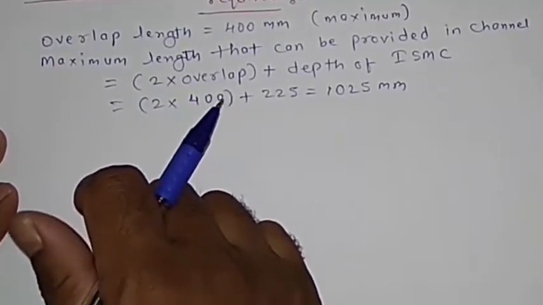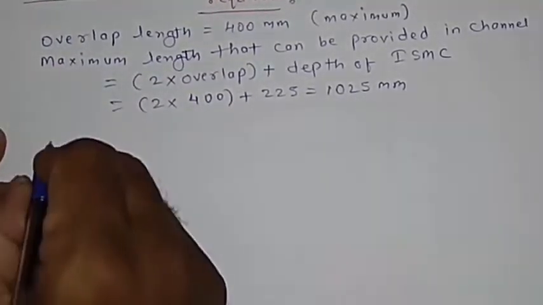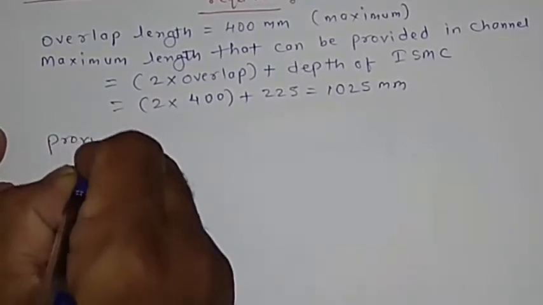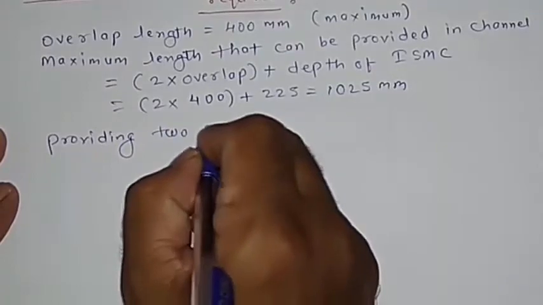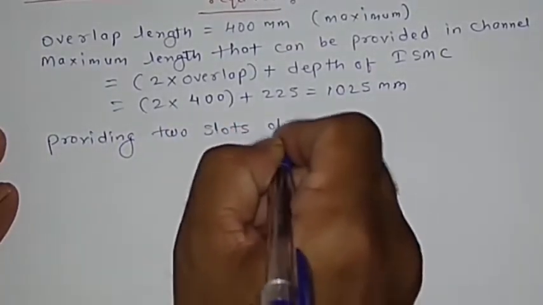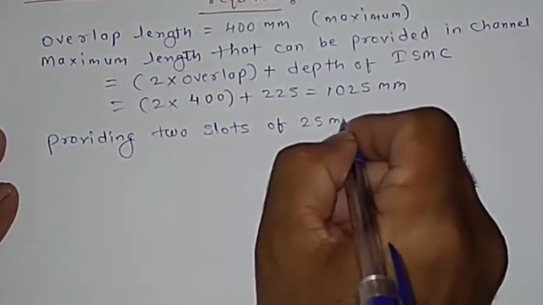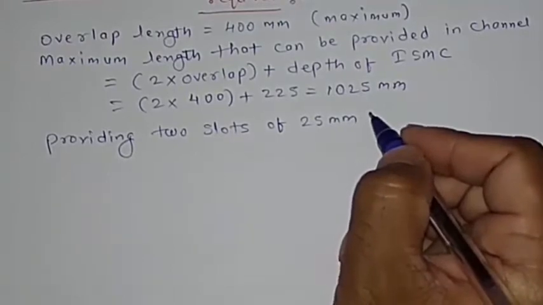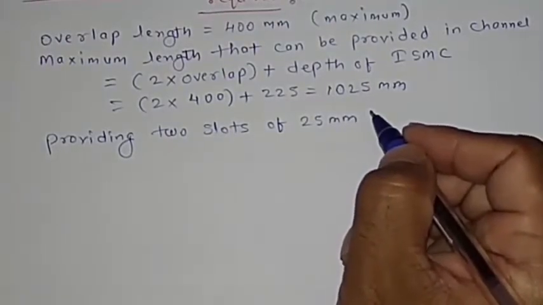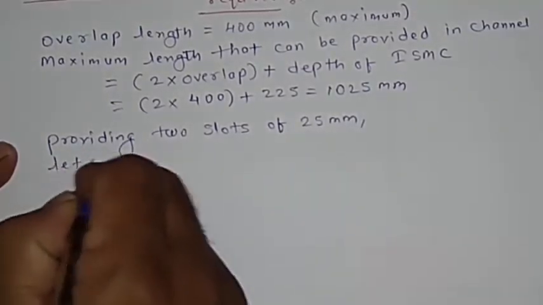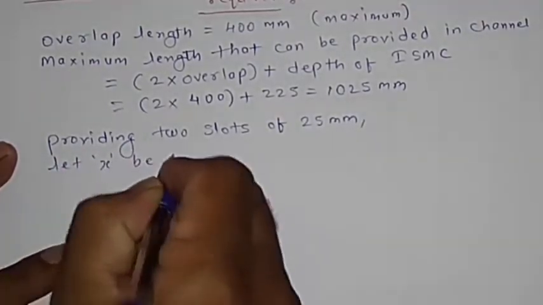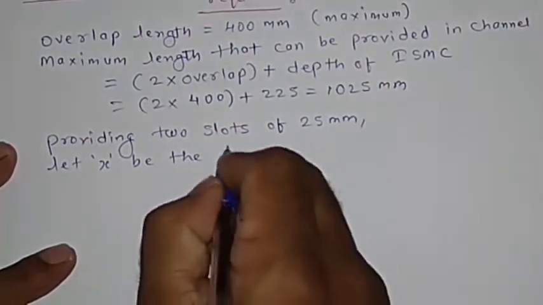So therefore, first of all, I can write down here, providing two slots of 25 mm, and let us consider x be the length of the slot.